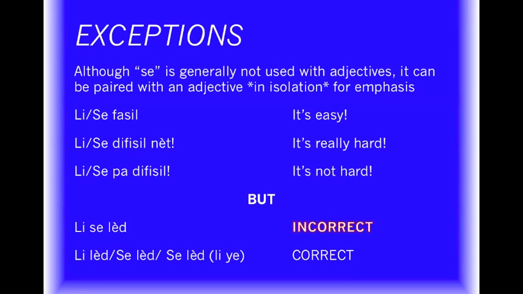Also, you could say c'est difficile, c'est pas difficile. But again, you would not say li c'est laid. You either say c'est laid, li laid, or you can use that form that we talked about with combining se and ye, and you would say c'est laid, li ye.